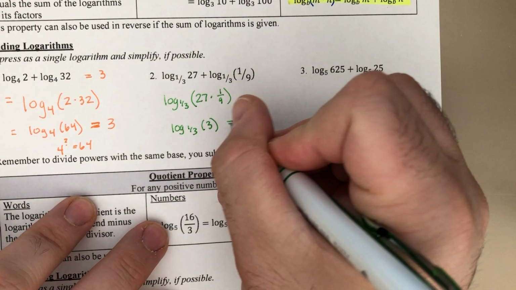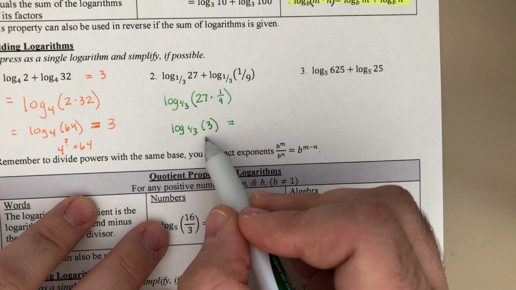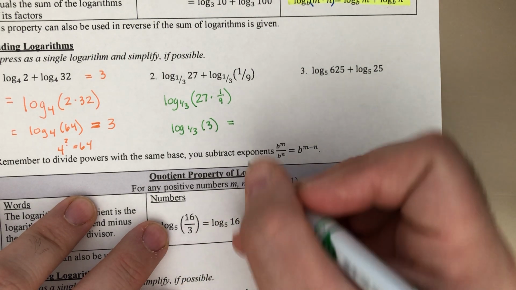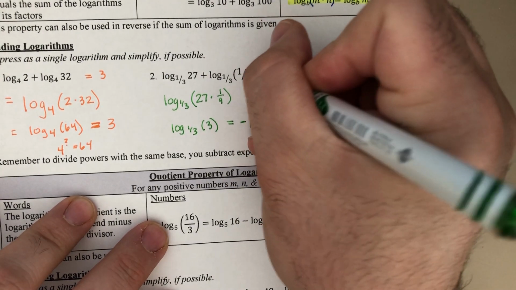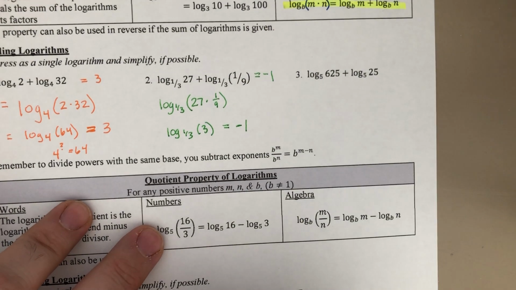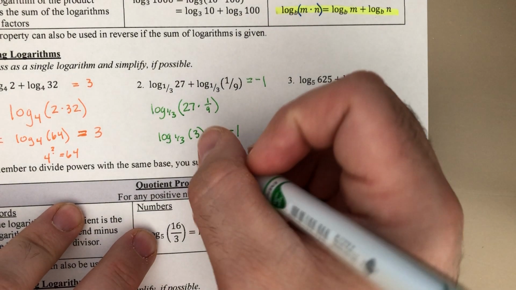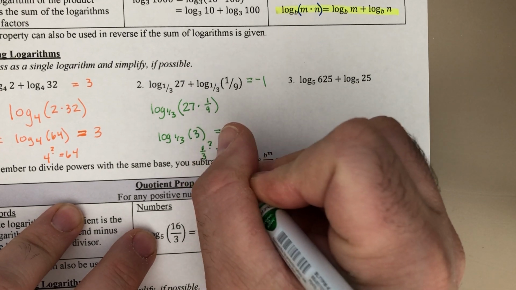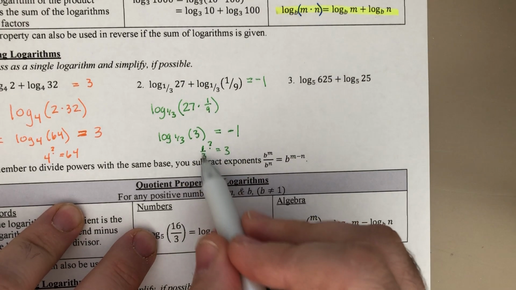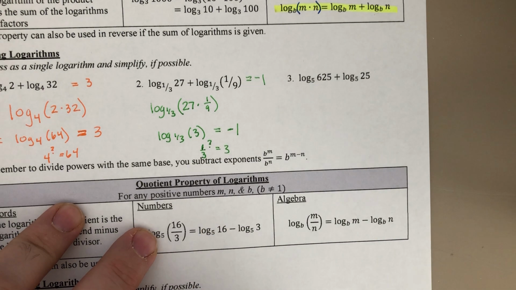What is that equal to? Well, 1/3 to what power gets us 3? That's going to be negative 1. It's an inverse, so this equals negative 1. If you wanted to see 1/3 raised to what power equals 3, it's a reciprocal: 1/3 becomes 3 because of a reciprocal, negative 1.